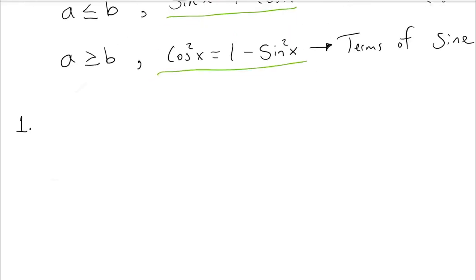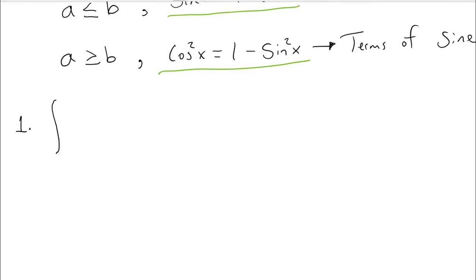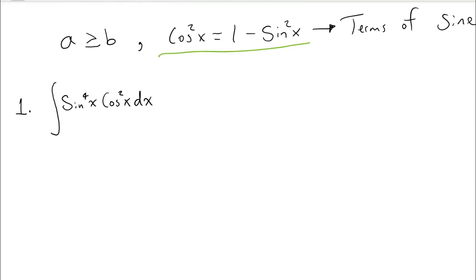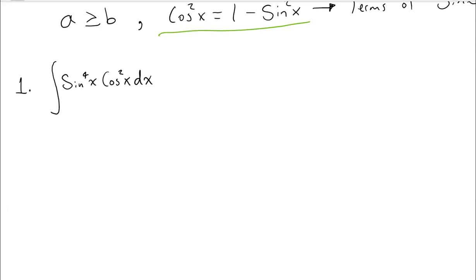So our first example, we will have the integral of sine to the fourth of x times cosine squared of x dx. And the first thing that we recognize is that the powers of both of these trigonometric functions are even. 4 is even and 2 is even. So we are going to use a reduction formula.